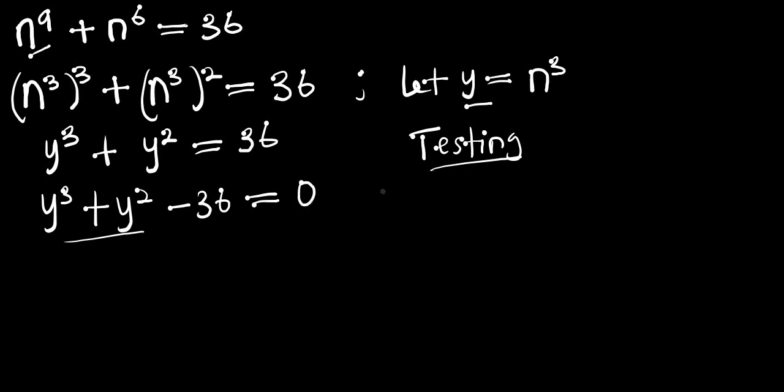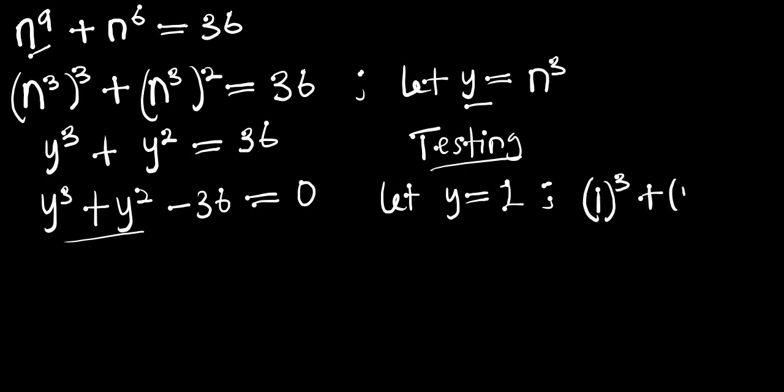So let's start. Let y be equal to 1. So we are going to check if y equals 1, whether this equation will be satisfied. That means if y is 1, we are going to have 1 power 3 plus 1 power 2 minus 36, and this is not equal to 0.